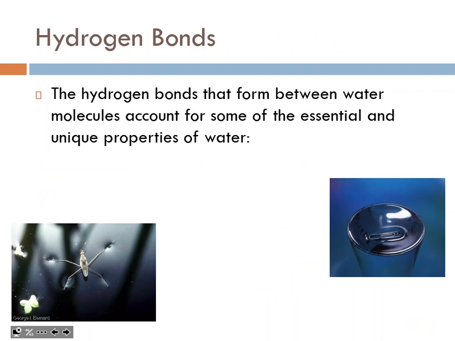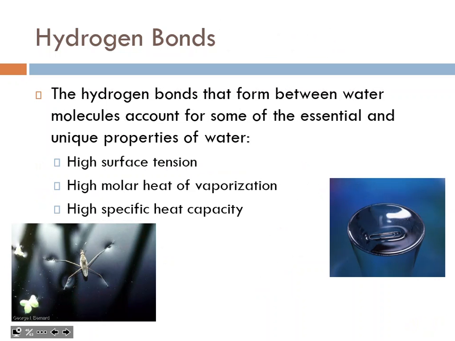Hydrogen bonds, of course, make unique properties of water like high surface tension, high heat of vaporization, and high specific heat capacity. Those are all unique to water. Very interesting. Also, you could add cohesion and adhesion to the list, and give it capillary action as well.